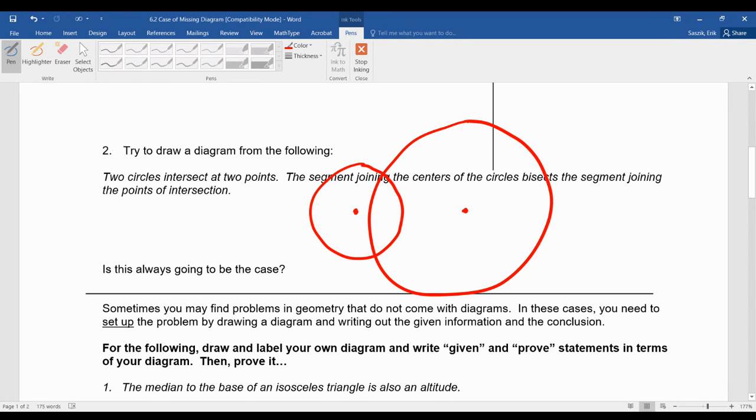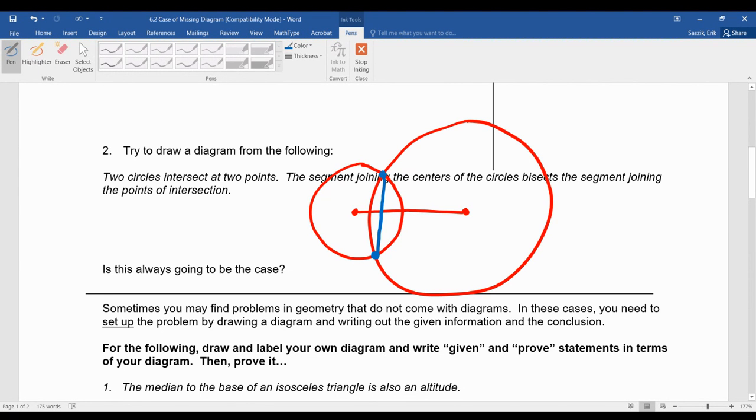Okay. The segment joining the center of the circles, that's that one, bisects the segment joining the points of intersection. Remember, the points of intersection are here and here. So we're talking about that segment there, right?